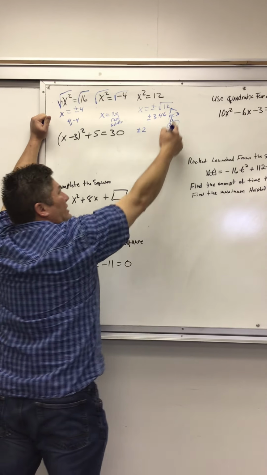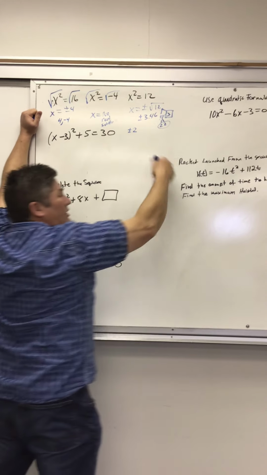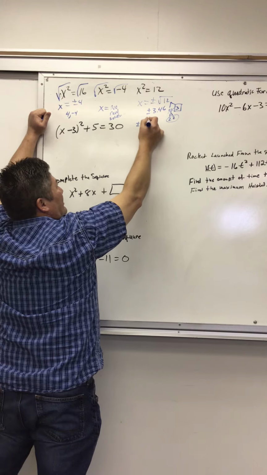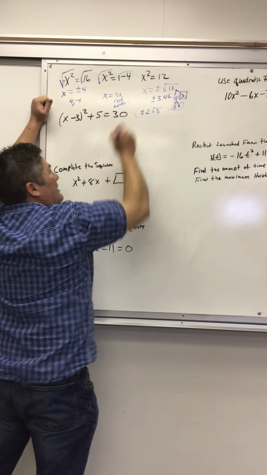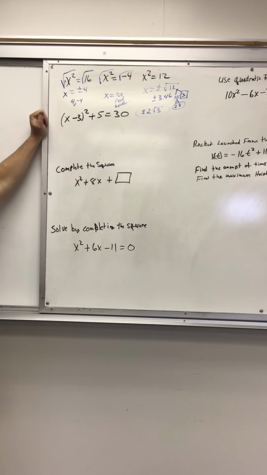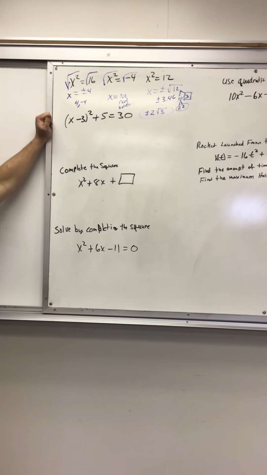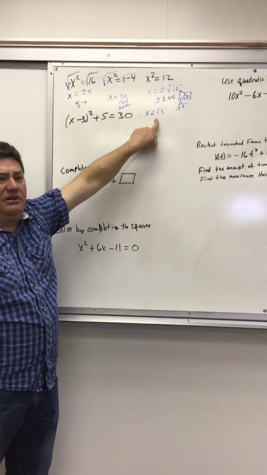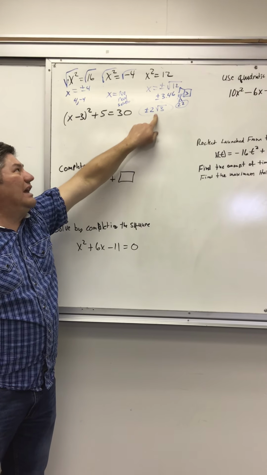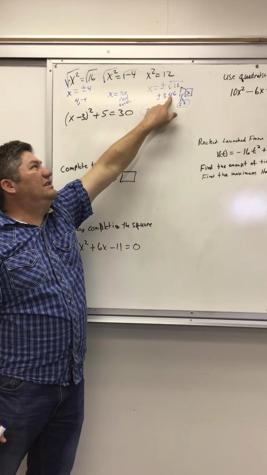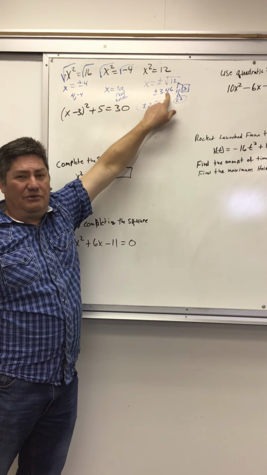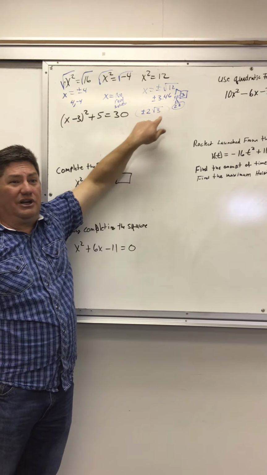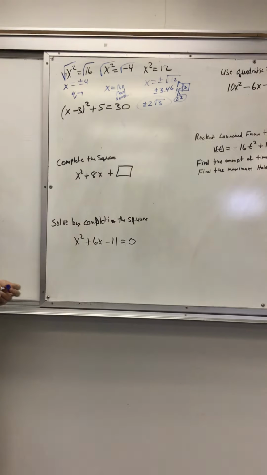And the 3, I don't have a pair to bring it out with, so it has to stay under the root. That's 2 roots of 3. So my answers are positive 2 roots of 3 and negative 2 roots of 3. If they want exact answers, that's what they'll want. If they want decimal, rounded answers, this is what they'll want. It depends on what it asks for on the test.